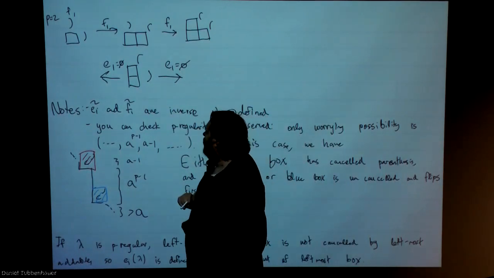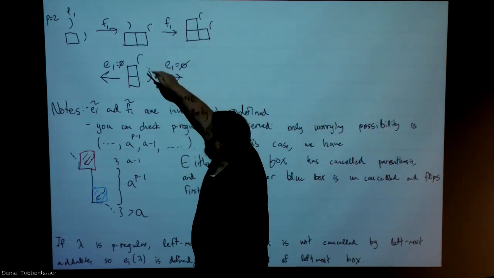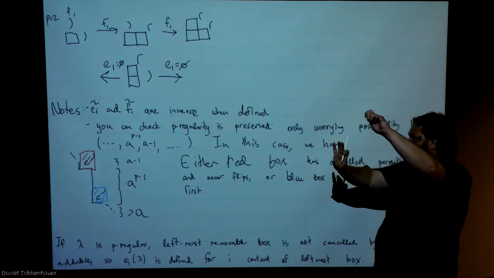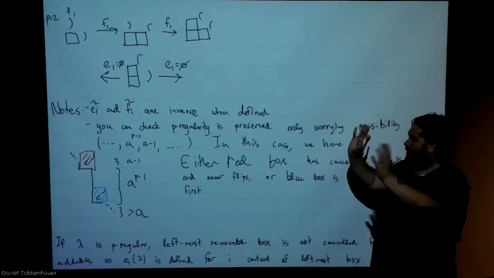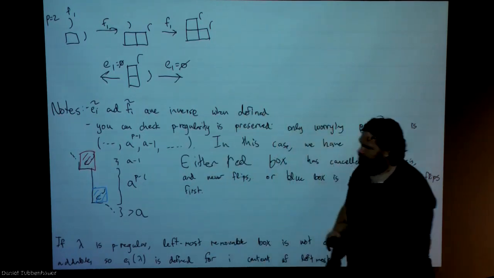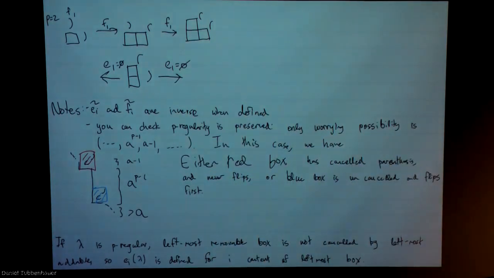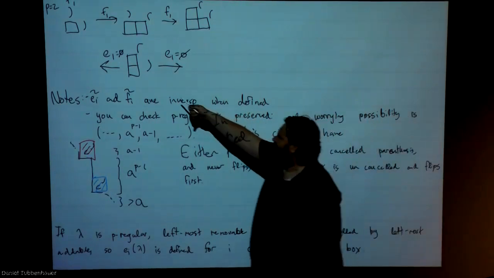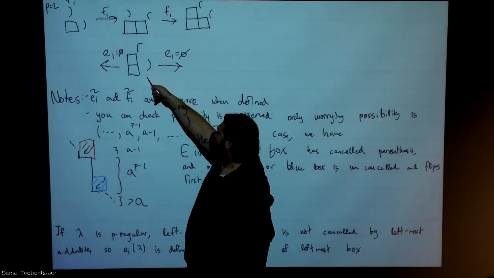Whereas if I started with this column, I have canceling parentheses. I have a removable box, then an addable one. And so this operation just isn't defined. And you might wonder what sort of thing corresponds to this.